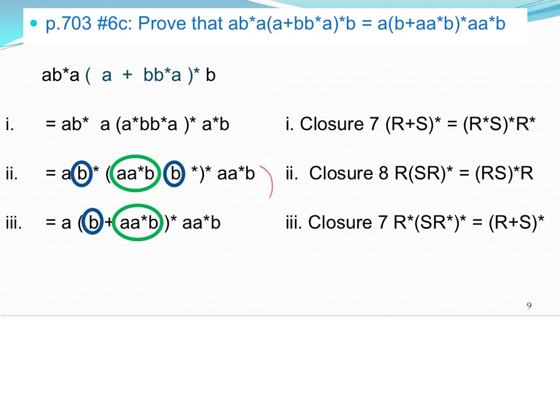Now I'm showing you how I did this step. I did this step between these two by using this rule, and I've stuck the circles in here again so you can see what's going on.